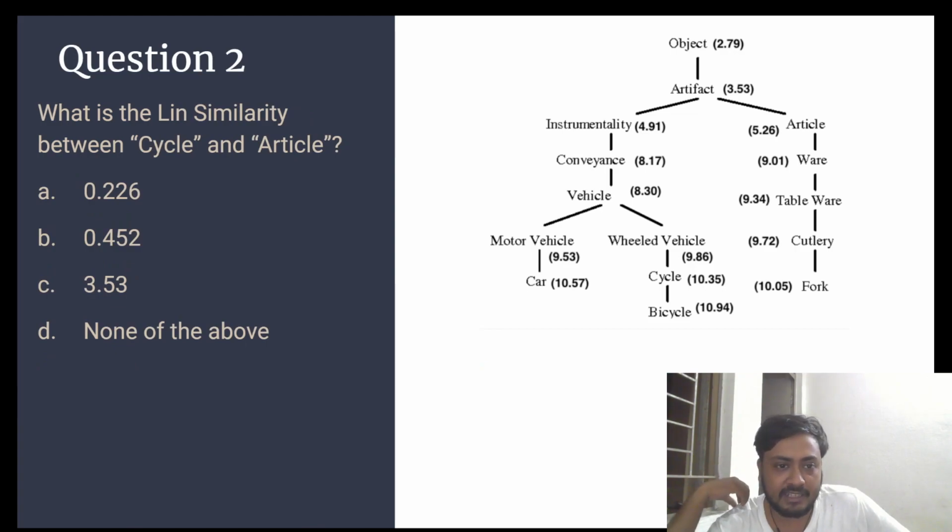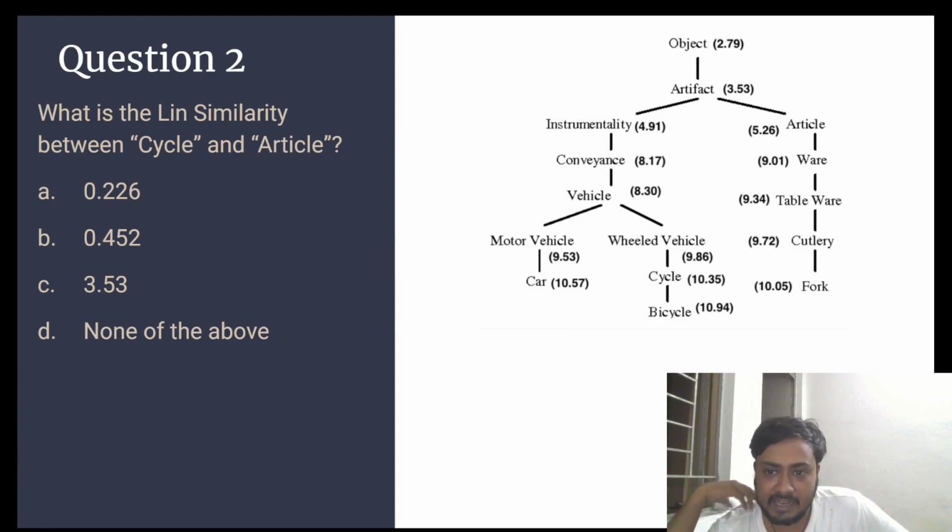The next question is from the same tree. What is the Lin similarity between cycle and artifact? How do we calculate Lin similarity? Can anybody tell me?